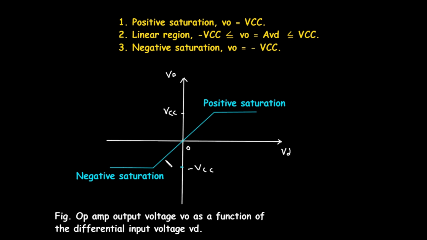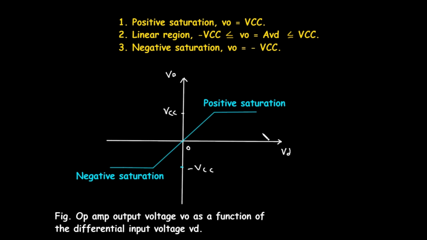Always remember that VO is greater than or equal to minus VCC and less than or equal to plus VCC. Because the gain A is so enormous, this slope is nearly vertical.